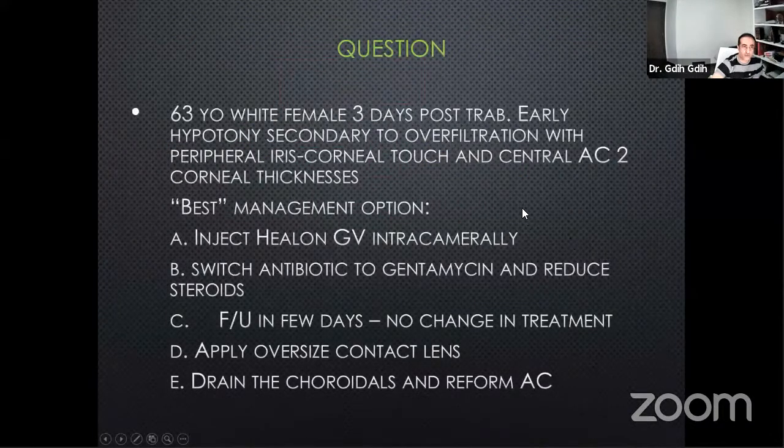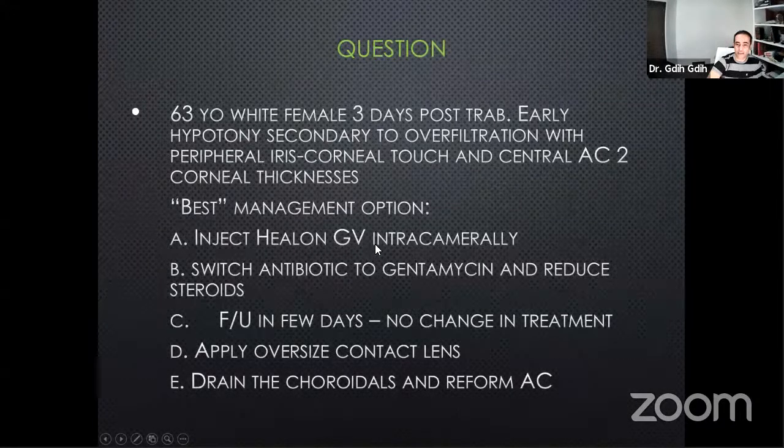Here's a question before we move into that. A 63-year-old white female, 3 days post-trab, early hypotony secondary to overfiltration with peripheral iridocorneal touch and central AC, 2 cornea thicknesses. What's the best management option?